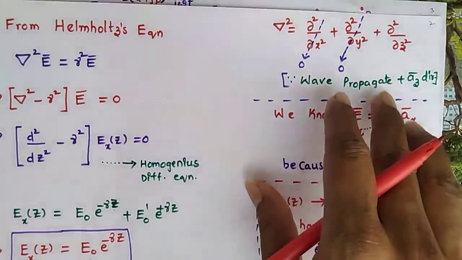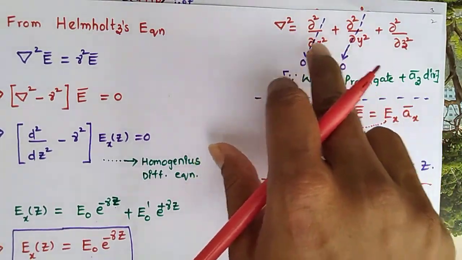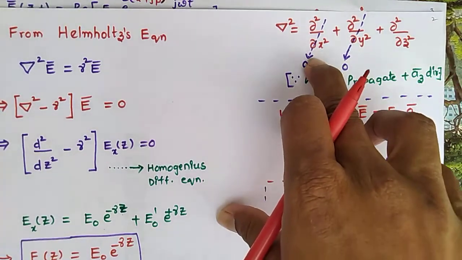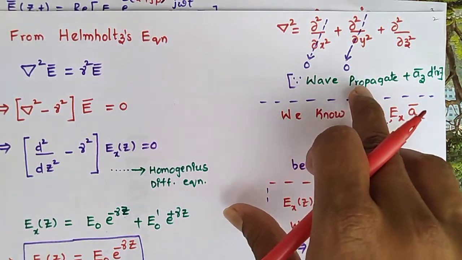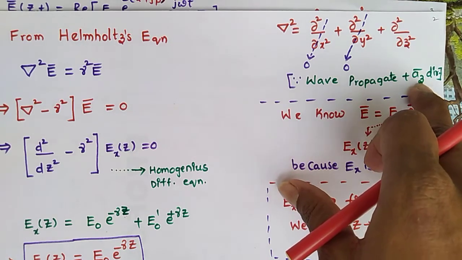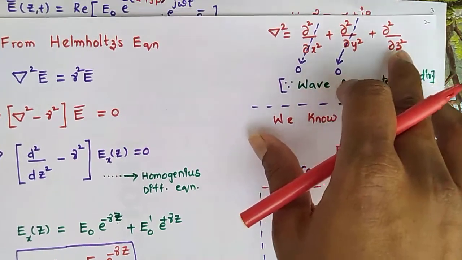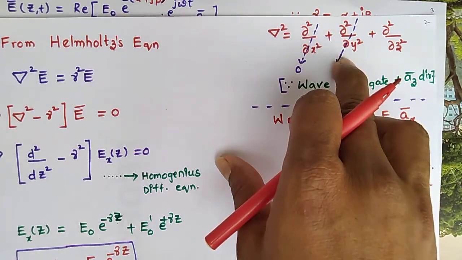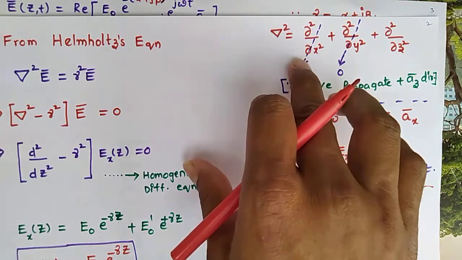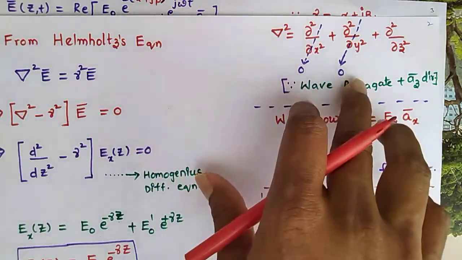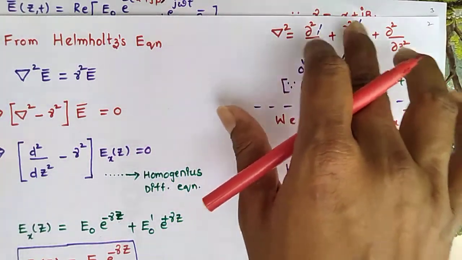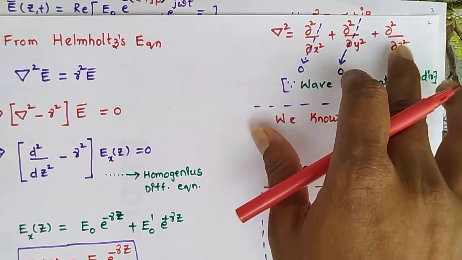See here, this is the del square operator. This equals 0, this equals 0, because the wave propagates in the direction of z, so I will have only the z component. The remaining parts go to 0. That's why I substituted in the del square operator; these values are 0. So I have only ∂²/∂z².